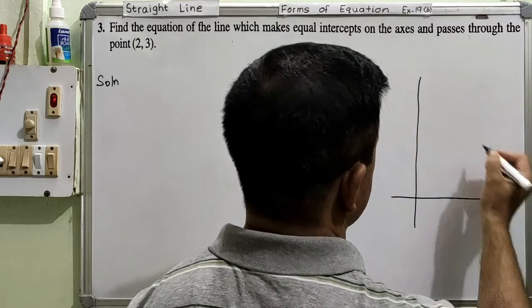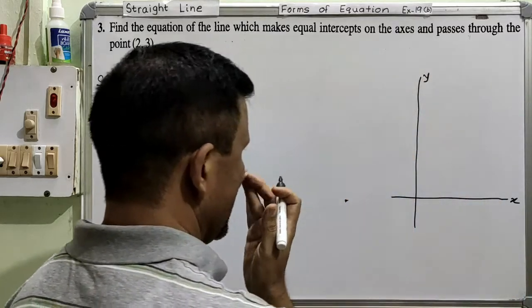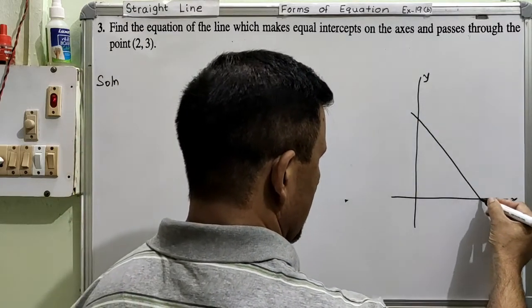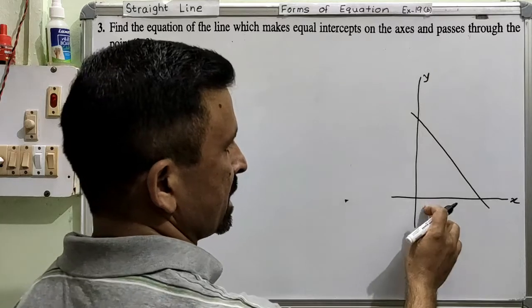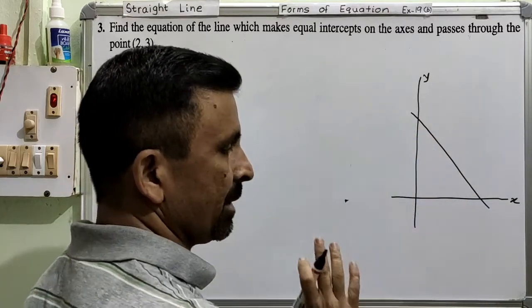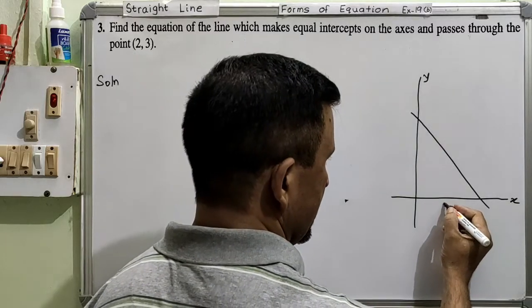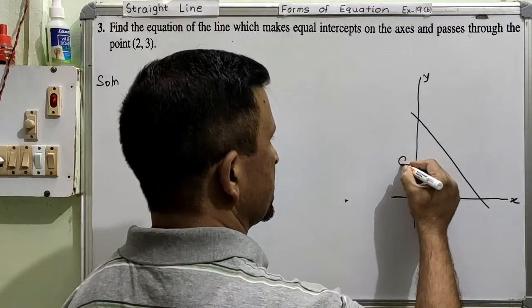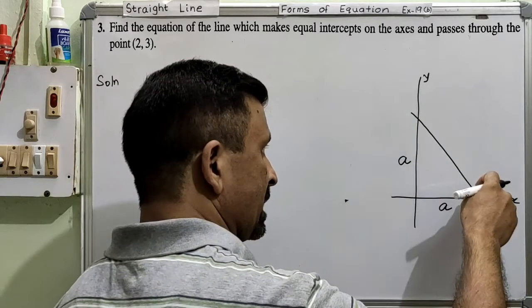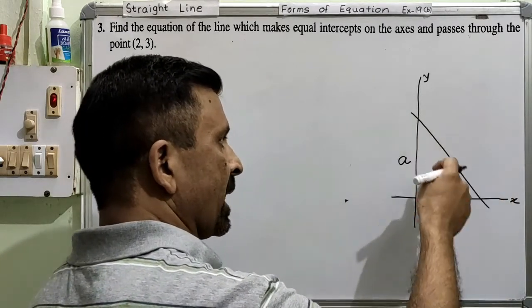Now according to the question, this line makes equal intercept on the two axes. That means this distance is the same as this distance. Am I very clear? So if this is A, this also is A.